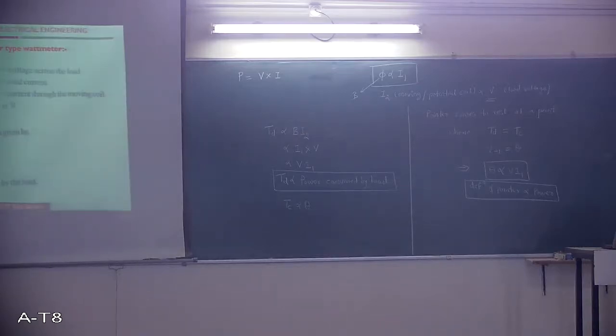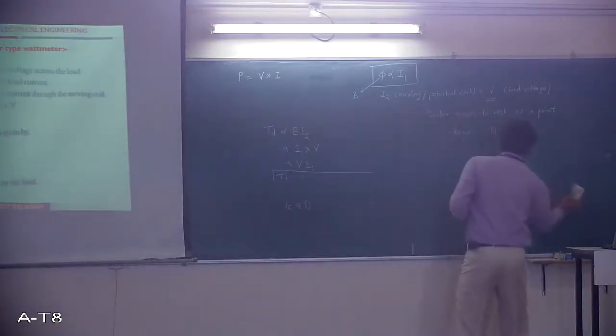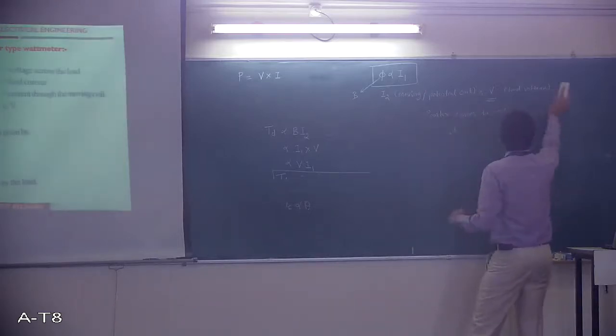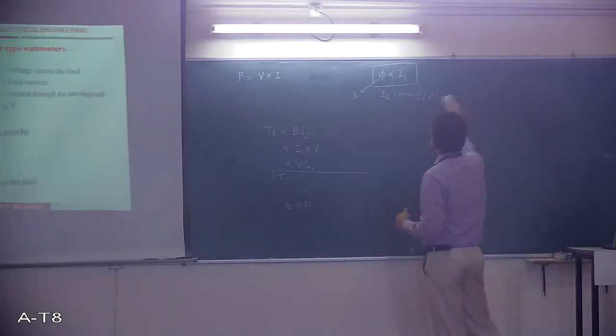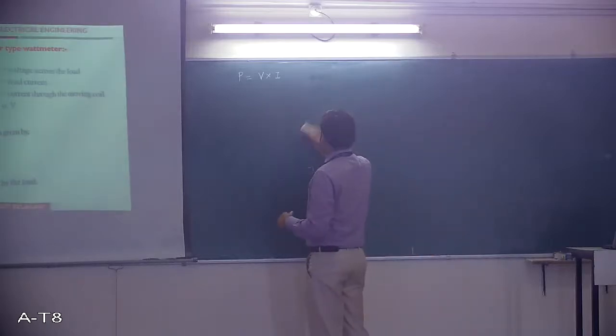Assuming that it is clear, let me explain how, if the instrument is connected to the AC circuit, it measures the AC power. So this is just a little bit involved, because in the case of AC, power not only depends on voltage, not only depends on current, it also depends upon power factor.